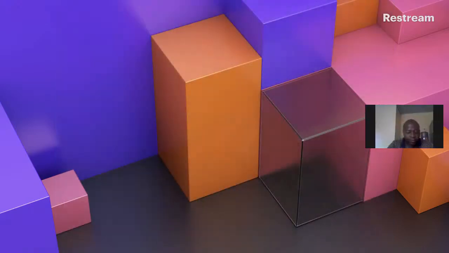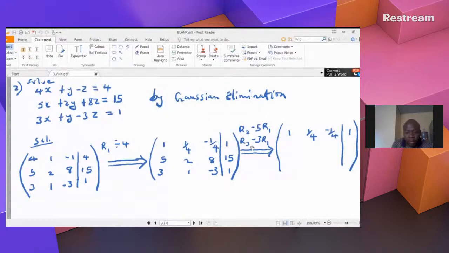Just follow the steps, and I want to do that for 3 other examples so that we can master these steps before we proceed to the other way of solving system of linear equations. We have to just master the steps. After you've mastered the steps, you proceed to the other way. Now, we've already said what we are doing here: row 2 minus 5 row 1 and row 3 minus 3 row 1. So let's just do that.